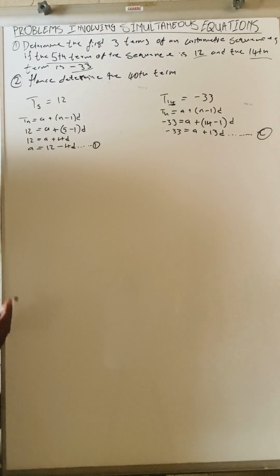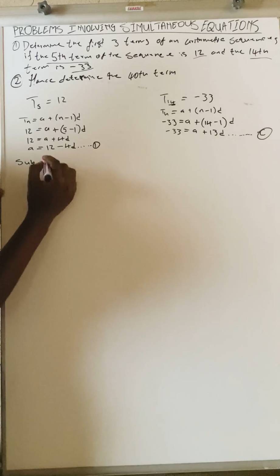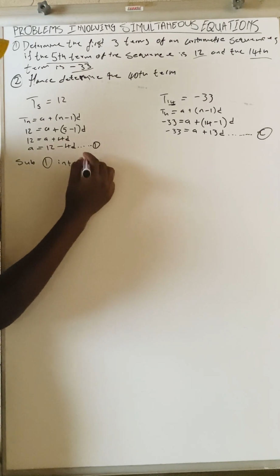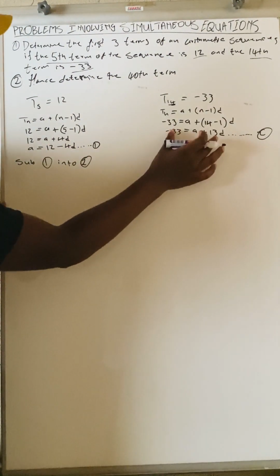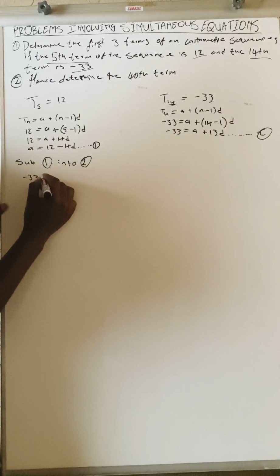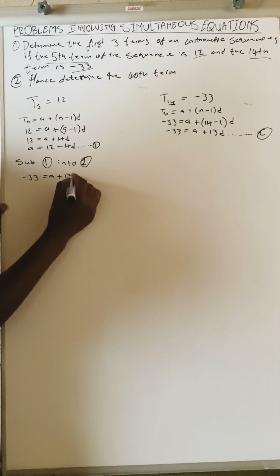Then from here, you can substitute equation 1 into equation 2. From here, you write your equation 2: negative 33 is equal to A plus 13D.